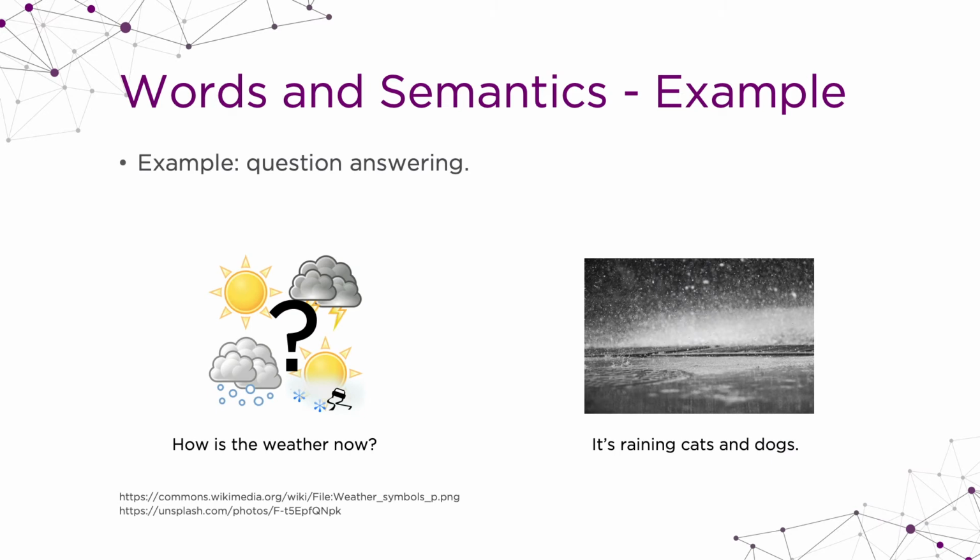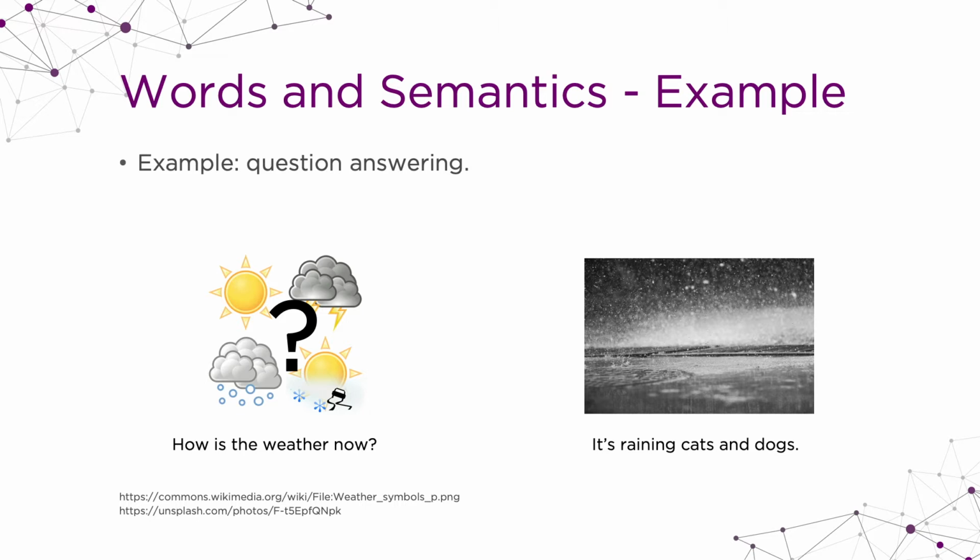To give an intuition, let's say we take a task called question answering. So it's basically just the task of answering some question. Here you see that I have this text, how is the weather now? And the output should be, it's raining cats and dogs. And here with the image, I'm trying to show the semantics of the text.